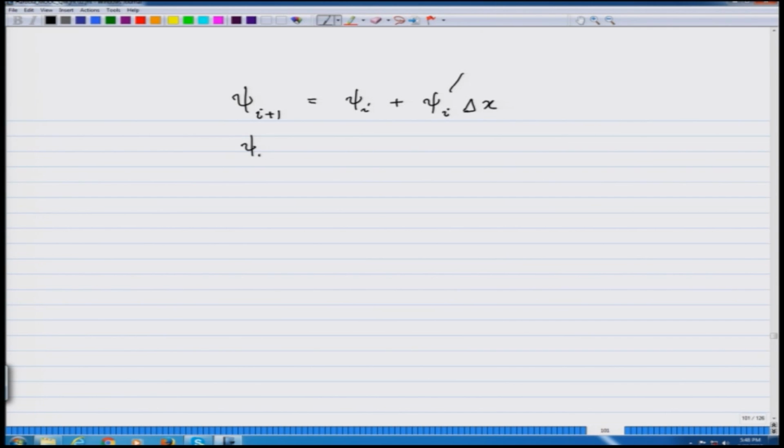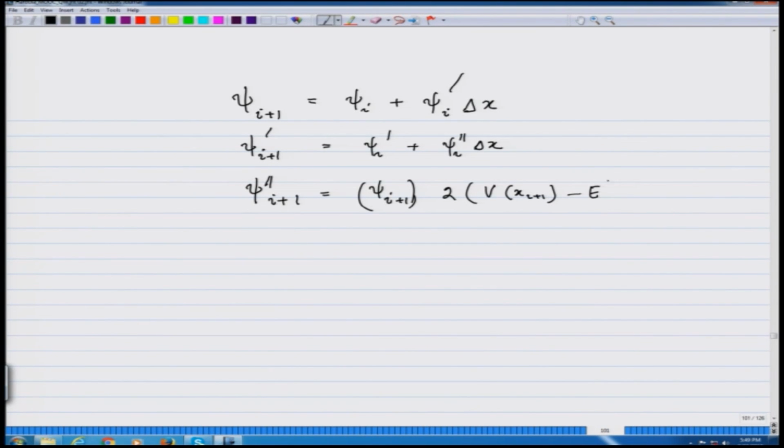I am updating psi prime at i plus 1 as psi prime at i plus psi double prime at i times delta x, and once I have found psi at i plus 1, I can update my psi double prime at i plus 1, which is equal to psi at i plus 1 times 2 (V at x i plus 1 minus E).